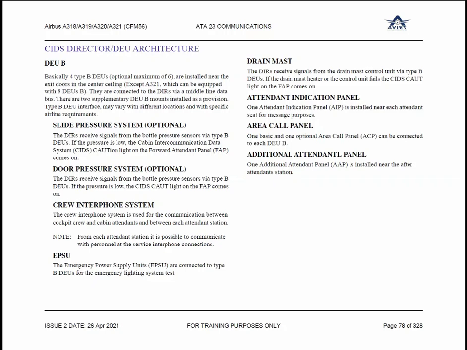Drain mast, from the drain mast control unit, if the drain mast heater or the control unit fails, then cabin crew will know with the help of its caution light. So they will know that, okay, drain mast is not working. AIP, ACP, additional attendant panel, all these elements we'll talk about later on, what they are.